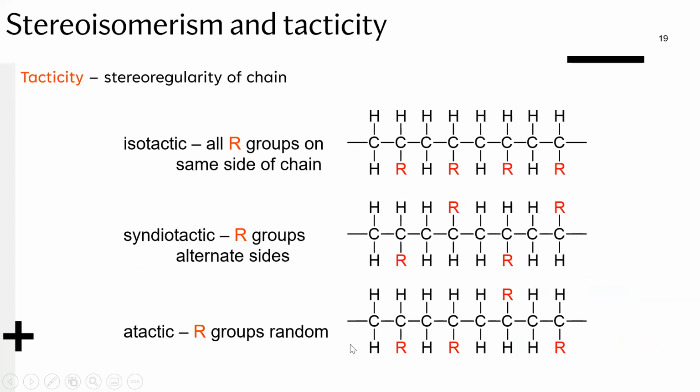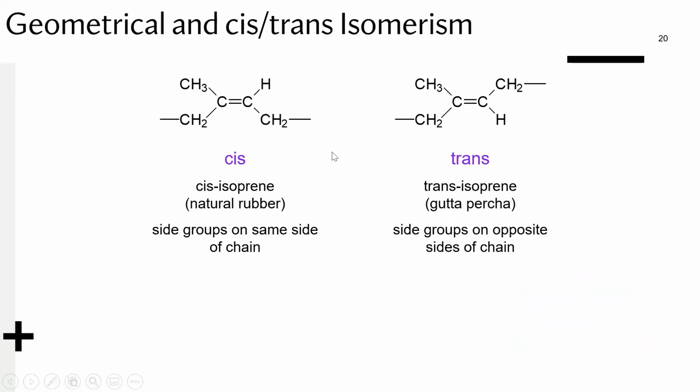So another class is isomerism of the kind cis and trans. Now, to understand this better, each polymer has a main chain. It's the backbone of the polymer that runs through. And in this case, you've got a chain going there and a chain going here. Now, besides that chain, you have other side groups.